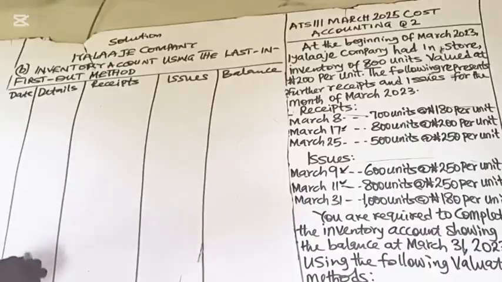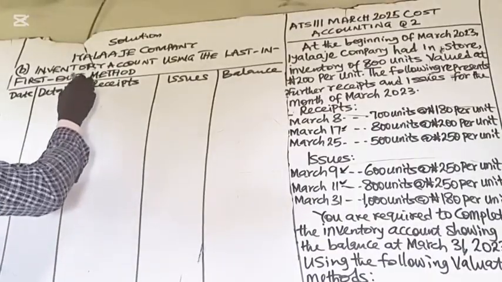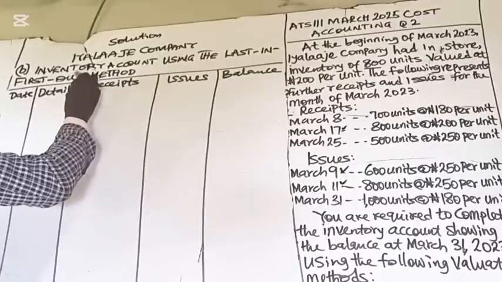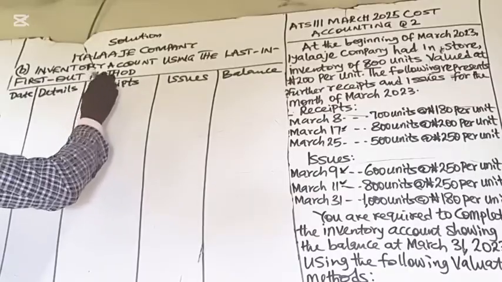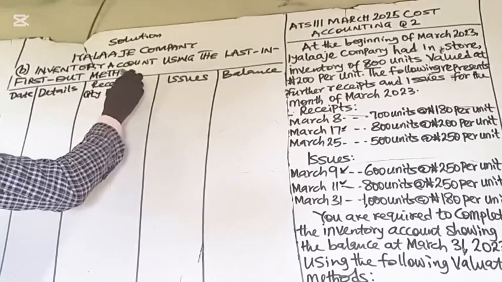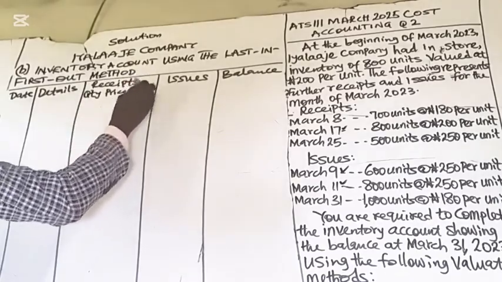Under each column, you have quantity, price, and total.